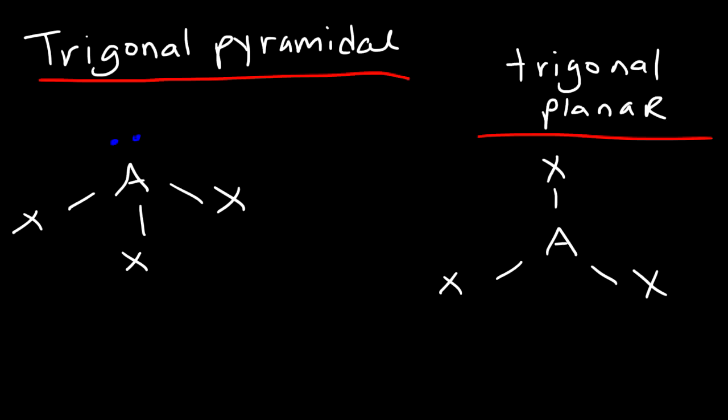A good example of the trigonal pyramidal structure is NH3, ammonia. In this structure, nitrogen has 1 lone pair and it's attached to 3 hydrogen atoms. Another example is PH3.